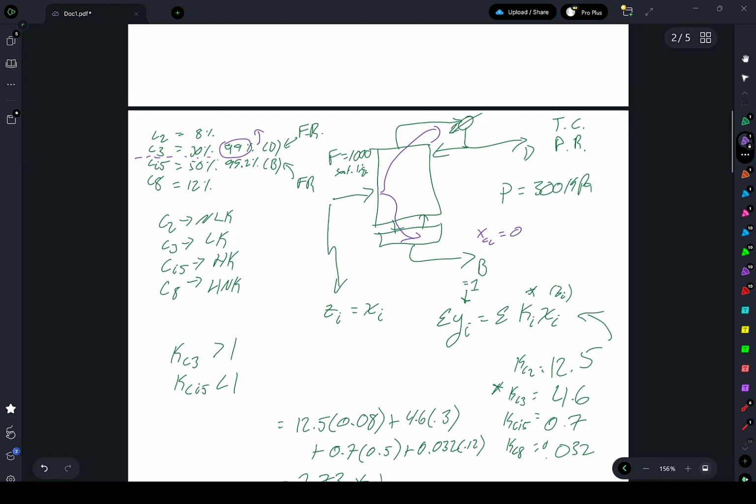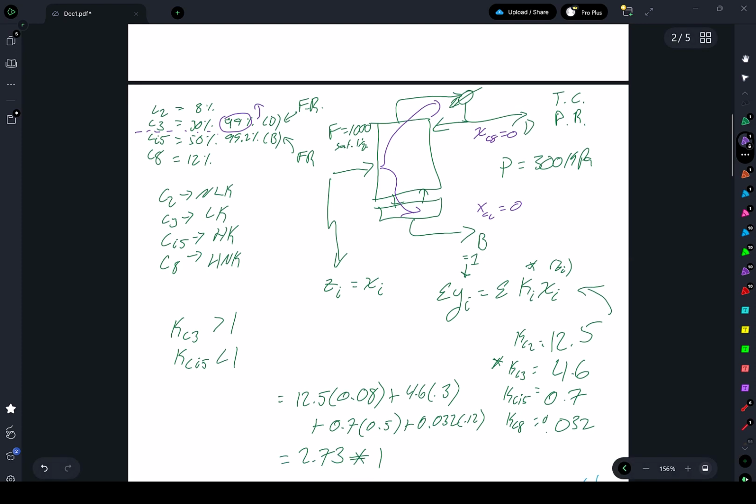Similarly, we're going to say that our x component of octane is equal to 0 in our distillate. Since we have such a low percentage of our isopentane going into the distillate, we can figure out the mole fraction of isopentane in the distillate by just taking 1 minus.